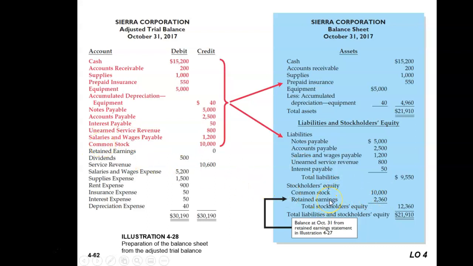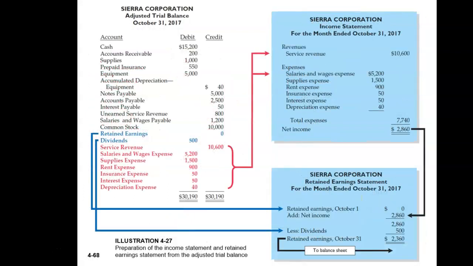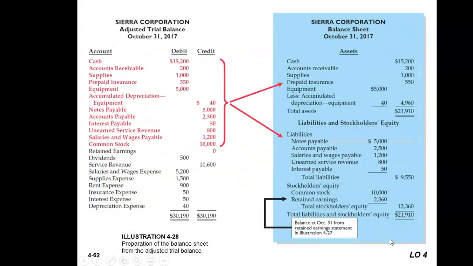Now the retained earnings ending balance is not coming from the adjusted trial balance. This figure came from the retained earnings statement we just prepared. I'll show it to you. You see that? This $2,360 here is then transferred over to the equity section of the balance sheet. And as we all know, the balance sheet must do what?